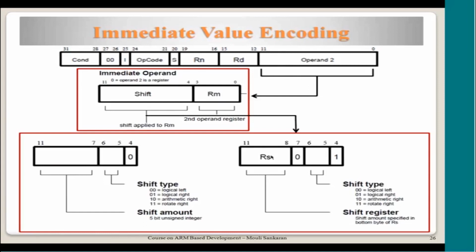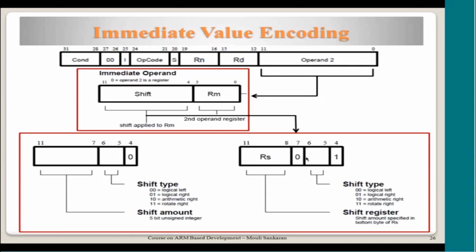You have to use one more register which is called Rs, a shift register. You can mention one of the registers as a shift register and then put how much shifting or rotating you want to do in that shift register. In the least significant byte of that shift register, you mention the value, then the processor will read it from there and perform that many operations.